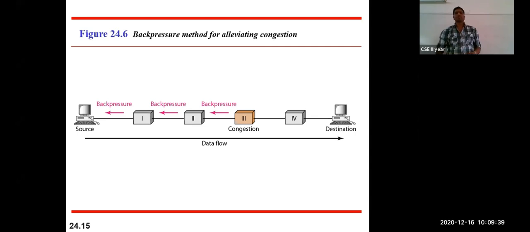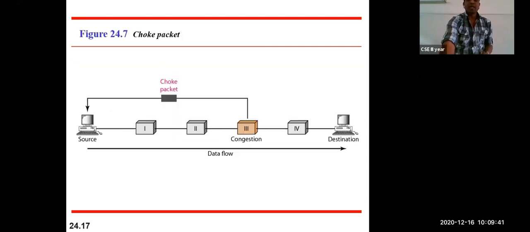That is back pressure. If you go to choke packet, instead of sending a packet from node to the previous node and slowing it down step by step, in the choke packet mechanism the congested node sends a warning packet, a choke packet, straight to the source. Not directly to the source, but through the intermediate nodes, though it is intended for the source only.